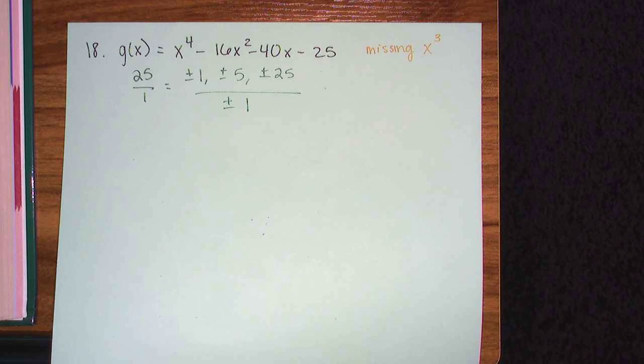I make a note of it because a lot of times that gets forgotten. By the time you get there, you just start copying down numbers, 1, -16, -40, -25, and all of a sudden you miss the 0, and then nothing's working out to be equal to 0, and you wonder why this is not working. However, if you end up doing that and none of them work, that probably should be the first clue, to go back and check that.